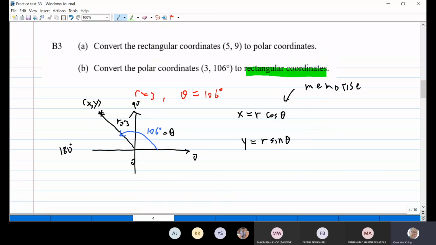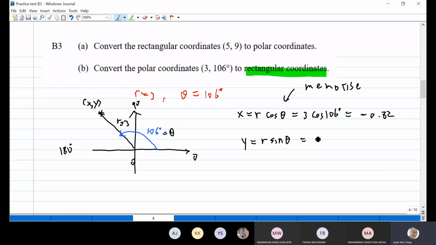So you get x equal to r cosine theta, r equal to 3 now, cosine 106. So 3 times cosine 106. So you get 3 times cosine 106 degree. You see the number is negative now, minus 0.82.